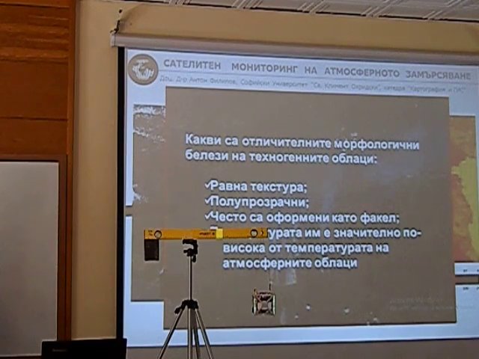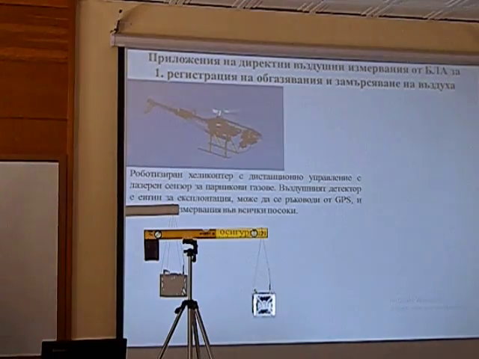And their temperature is higher than the temperature of the atmosphere due to the clouds. In fact, this cloud is due to some sort of technogenic pollution, a forest fire or whatever.